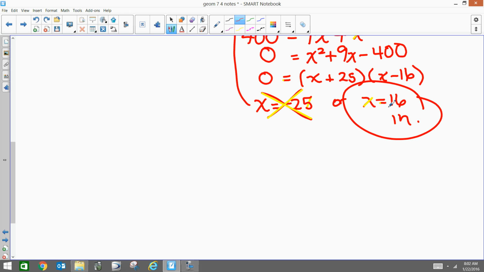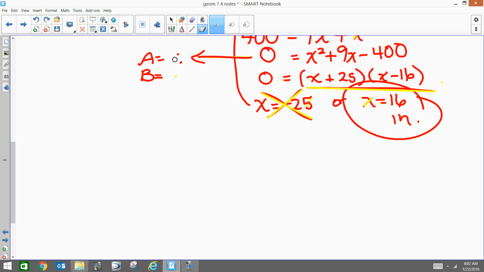And again, if you wanted to do the quadratic formula, if this would have been tough to come up with, then remember a is negative 9. B is, I'm sorry, a is not negative 9. Good grief. A is 1. B is 9.